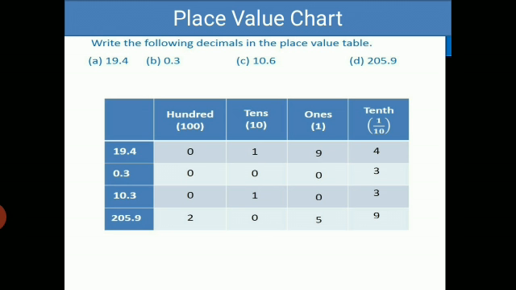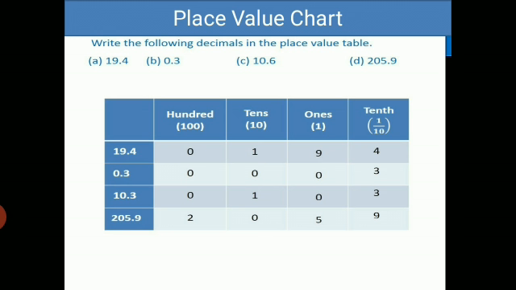So in the place value chart, first of all there are hundreds, tens, ones, and then the tenths place. Now the first number is 19.4. So in this number 1 will be at the tens place, 9 at the ones place, then there is a decimal point, and then 4 will be at the tenths place, that is the 1 by 10th place.